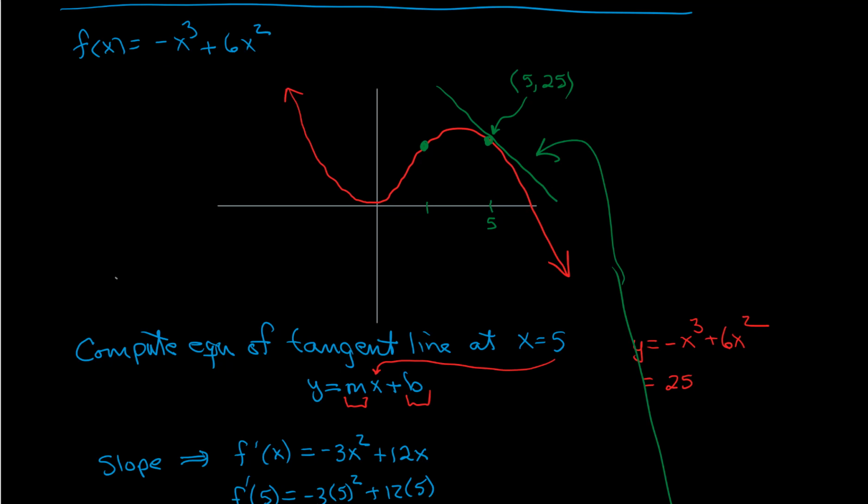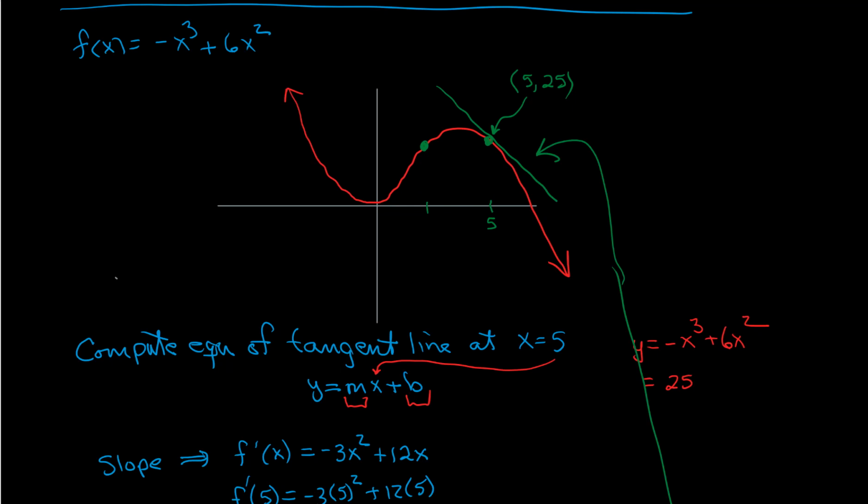If you graph that, you'll get something that kind of looks like what we have here in red. Okay. Real fair question, either in the homework or on upcoming quizzes and tests, would be compute the equation of the line tangent to this function at, and give you some specific point. For example, at x equals 5.